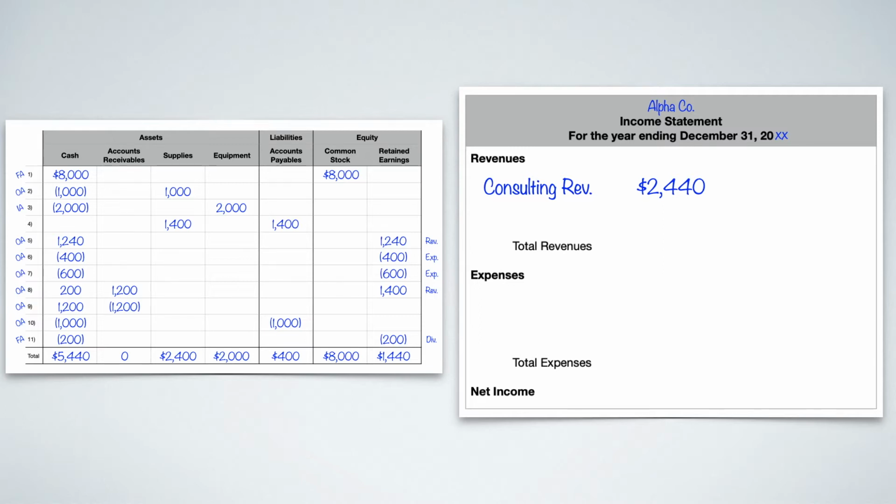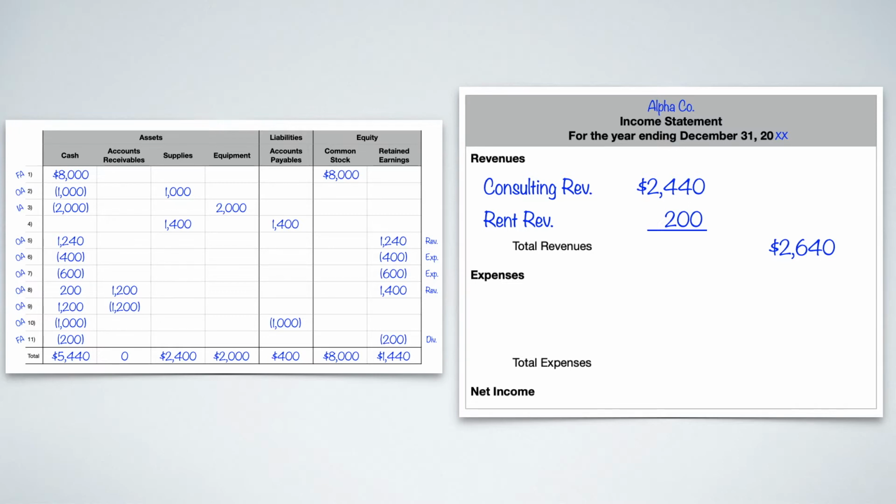So we're going to call this one rent revenue, and that was for $200. If I add up both of these types of revenues, that's going to give me a total revenue of 2640. Notice I put the total revenues out to the right a little bit to show that this is a sum of the subcalculations from above.